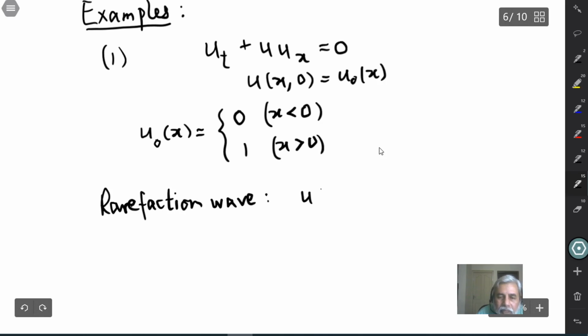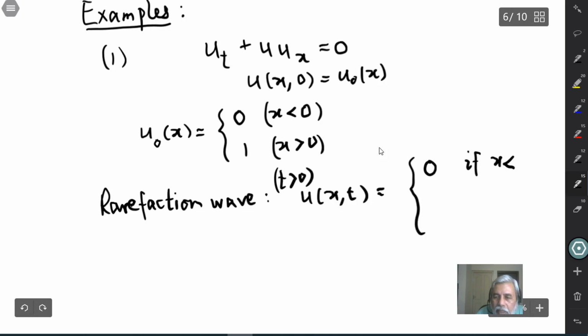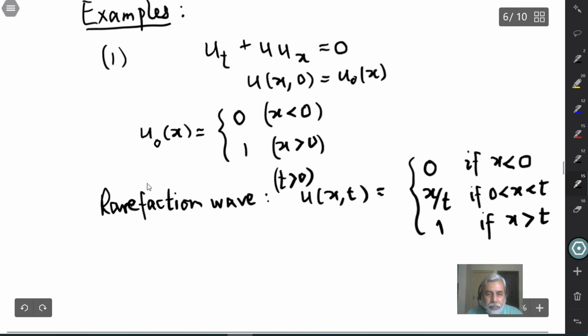So u(x,t) for t positive is 0 if x is less than 0, x by t if 0 is less than x is less than t, and 1 if x is bigger than t. So this is a rarefaction wave.